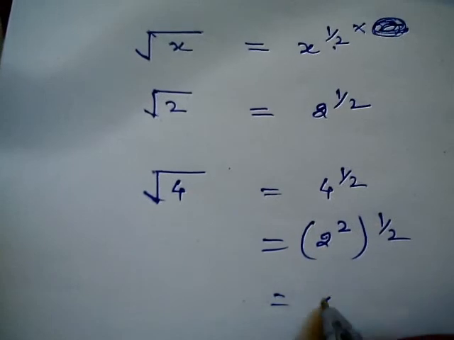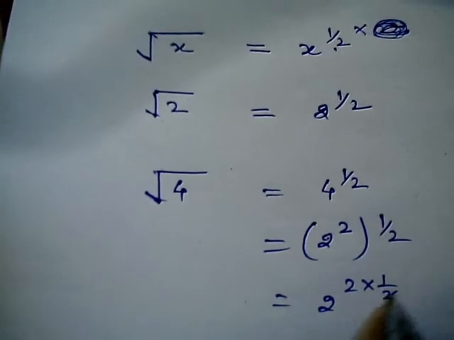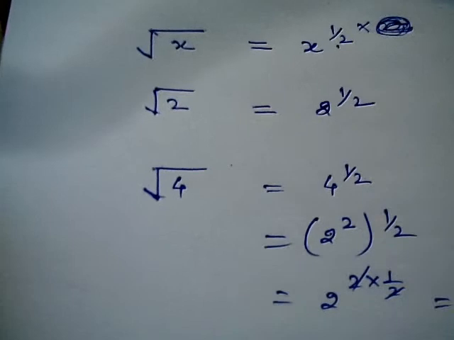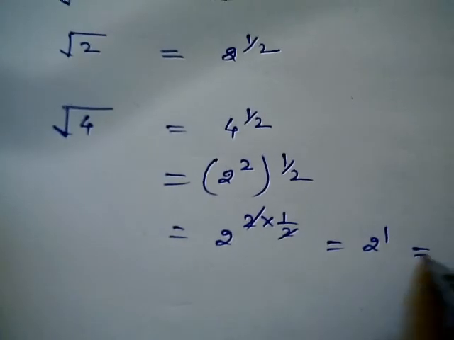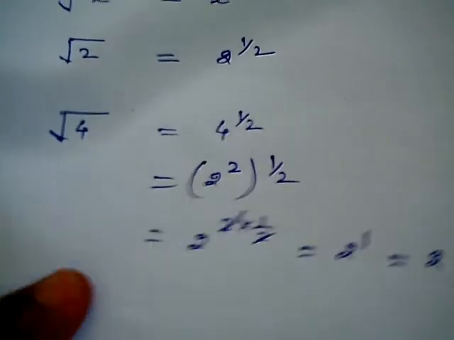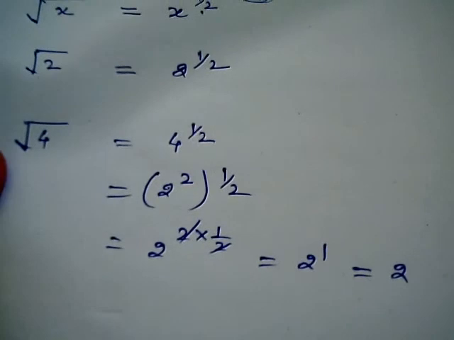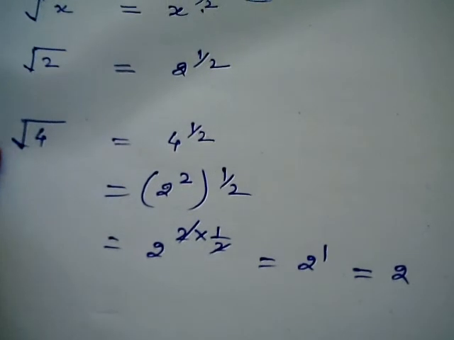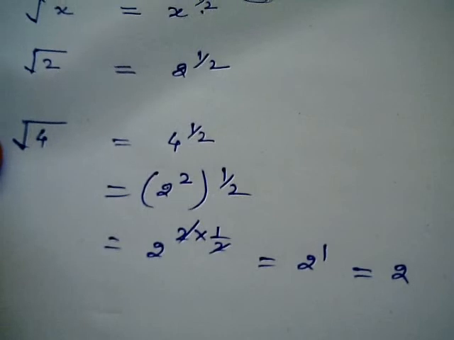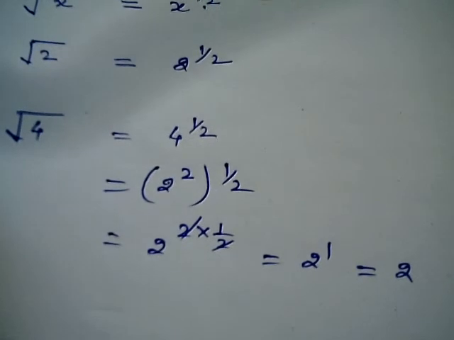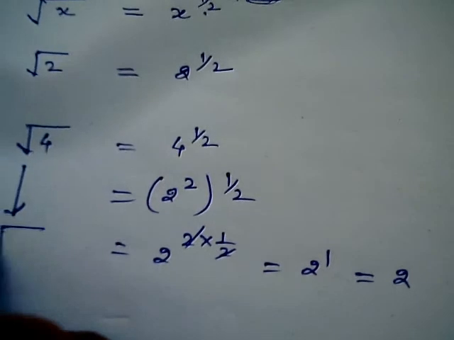So what is left? 2 to the power 1, which means 2. Correct. So this is how we have calculated the square root of 4. Or directly we can say, it is the square of which number? 2. So that number 2 is the square root of 4.